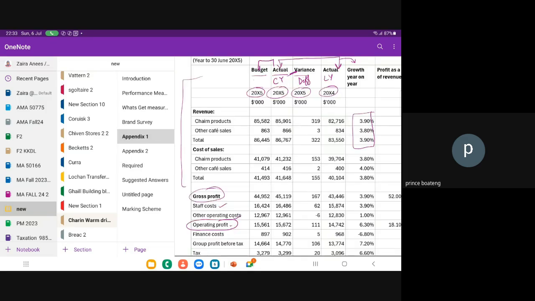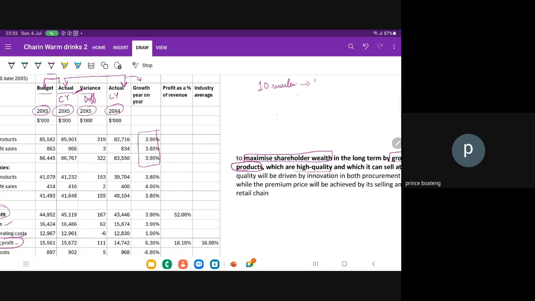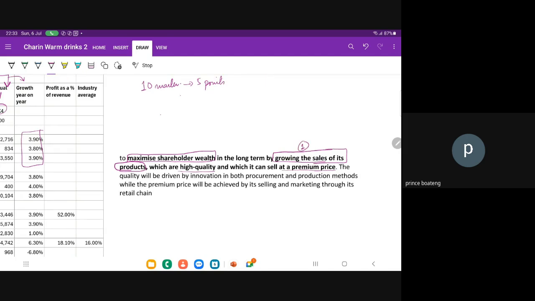If this is for 10 marks, technically we have to identify 5 points from this part, right? 5 points means one will be the analysis of sales growth, right? Second will be the analysis of high quality, whether that is given here. Third is the share price. Fourth, I mean, premium price.